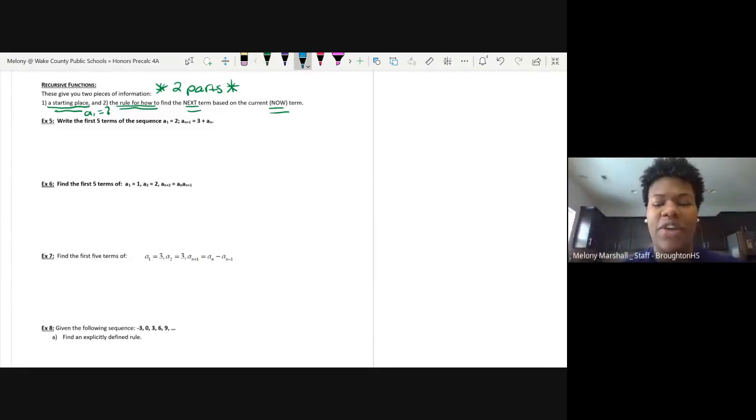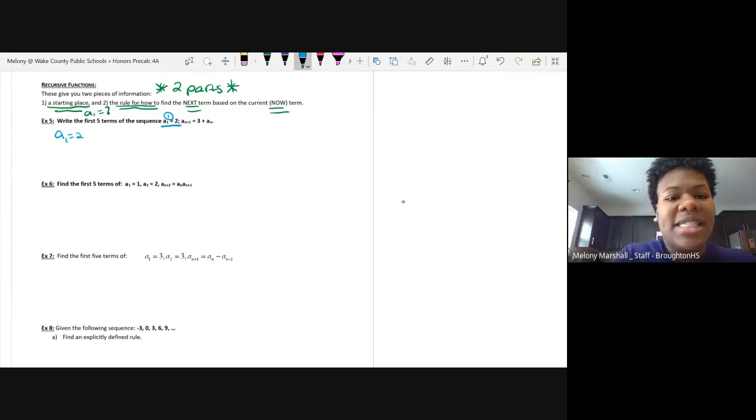So let's do this first example. It says, write the first 5 terms of the sequence. So we want the first 5. A sub 1 is the first term. This is the first part, and we just write it out: a sub 1 equals 2. And this is the second part.